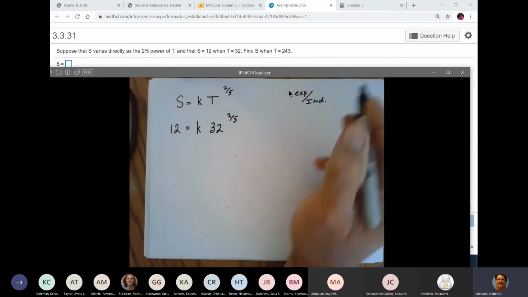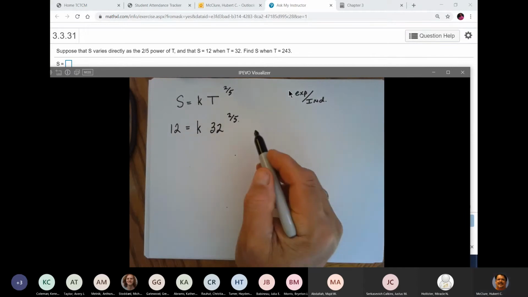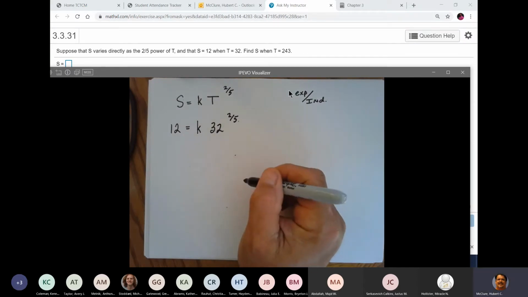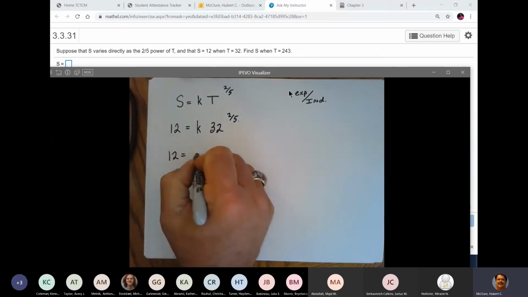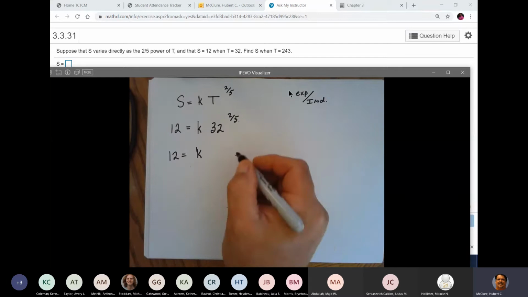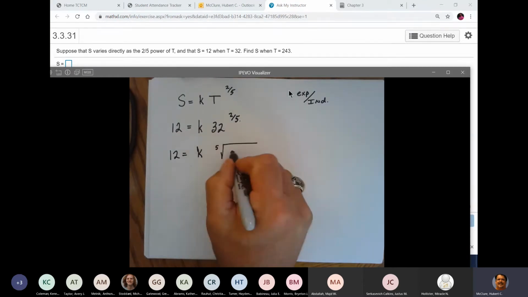So that means the fifth root of 32 raised to the second power. So I'm just going to go ahead and figure that up. 12 is equal to K, lowercase k, and then I'm going to take the fifth root of 32 raised to the second power.